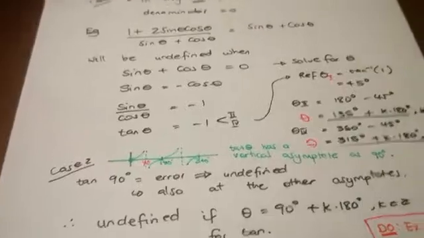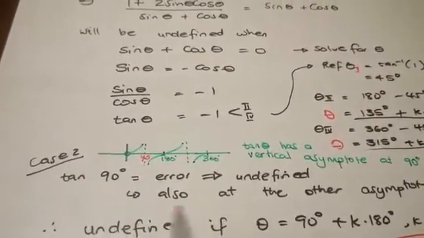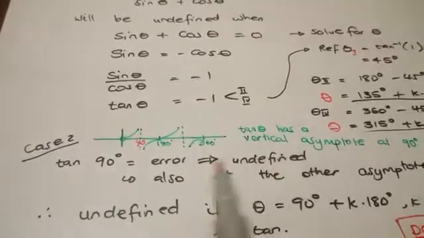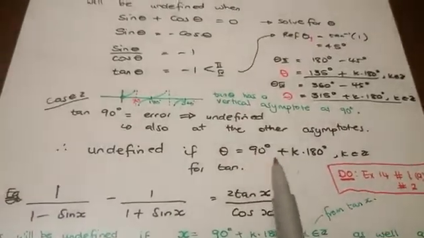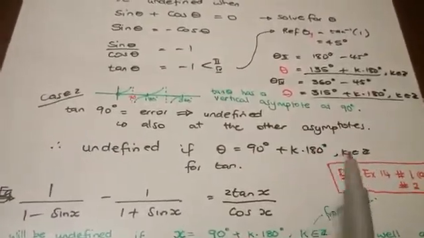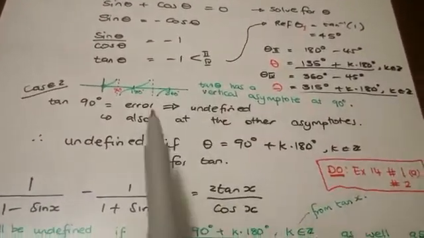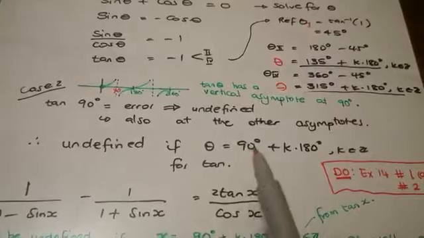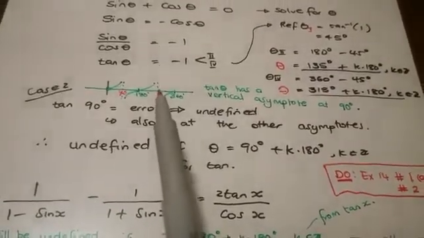So if your equation involves tan, there's no calculation that needs to happen. You just write that it is going to be undefined if theta is 90 plus k times 180. Now this takes care of the other asymptotes. If you check, 90 plus 180 will give you 270, which is the next asymptote, so it is covered.